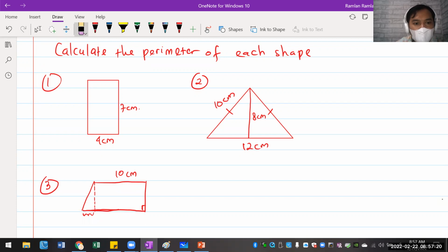Too small. Wait, I'm gonna use 2. I'm gonna use 7. This is 5 centimeter. 4 centimeter. This is 3 centimeter. Okay, here we go. Number 4 is going to be a parallelogram.